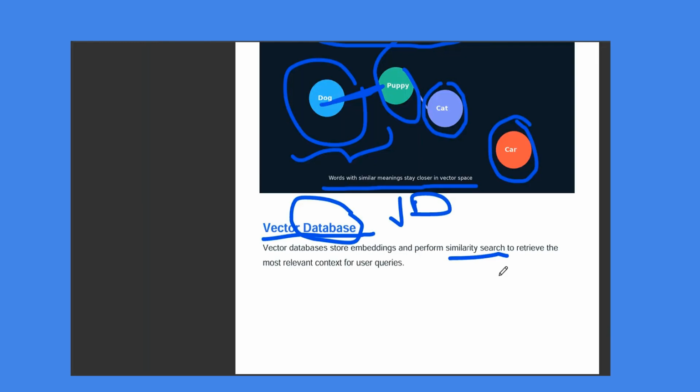Suppose now a user asks what is the leave policy, and now this user query is also converted into embeddings.